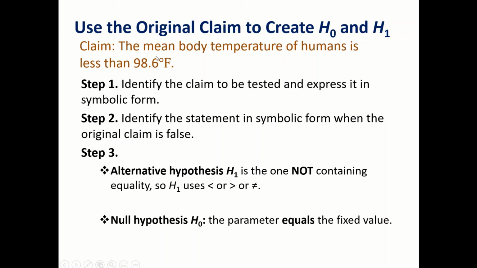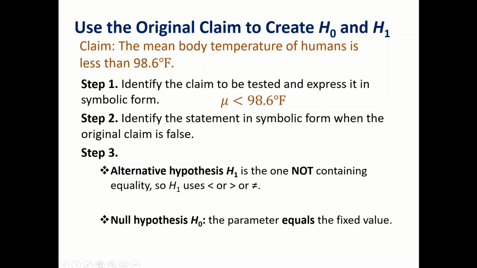This is the claim. It says the mean body temperature of humans is less than 98.6 degrees Fahrenheit. So the first step is to express this claim in the symbolic form. So we did that earlier. It will be mu is less than 98.6 degrees Fahrenheit.